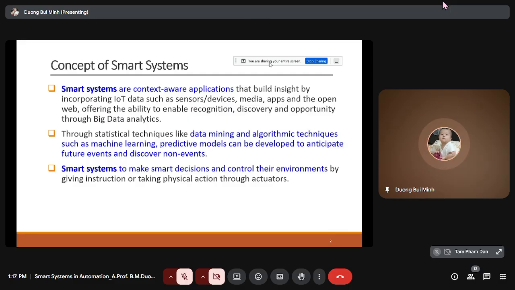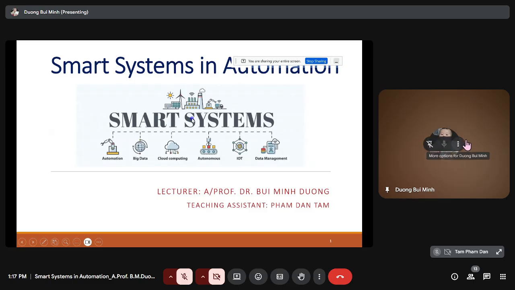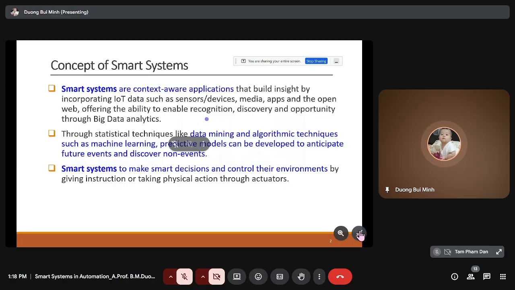When we mention a smart system, we normally think about a smart device, right? So what is a system?